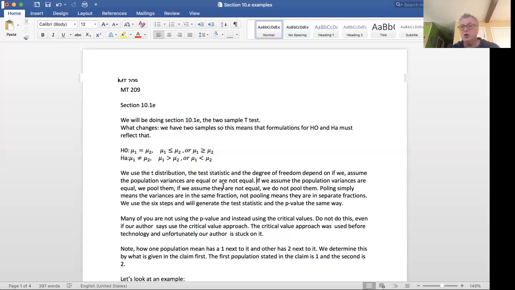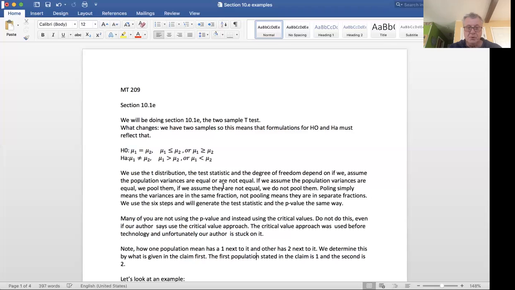Now, this changes the value of the test statistic. Sometimes it changes it a great deal. Sometimes it doesn't change it all that much at all. It just depends. But to properly use the test, we have to assume the variances from the population for both cases are either equal or they're not equal. Now, we have hypothesis tests to show that. We're not going to go through those hypothesis tests at this point.